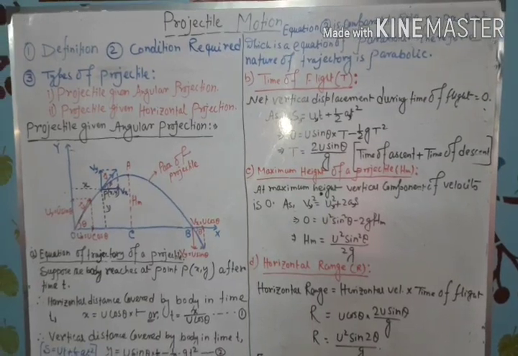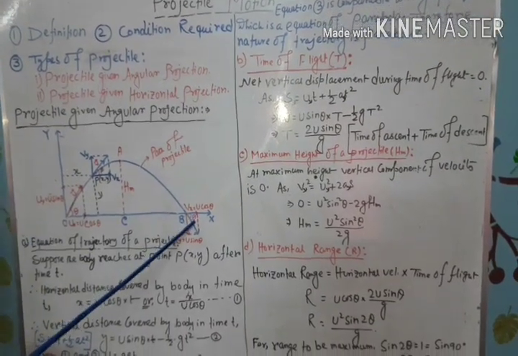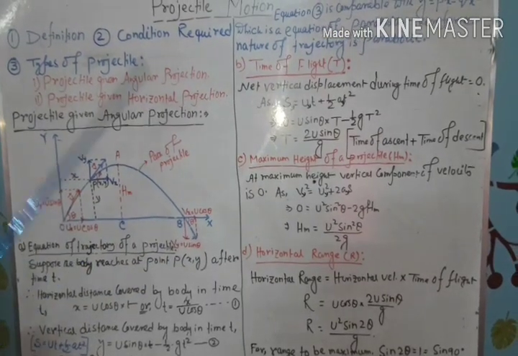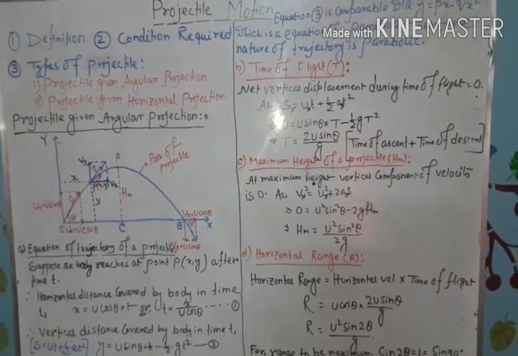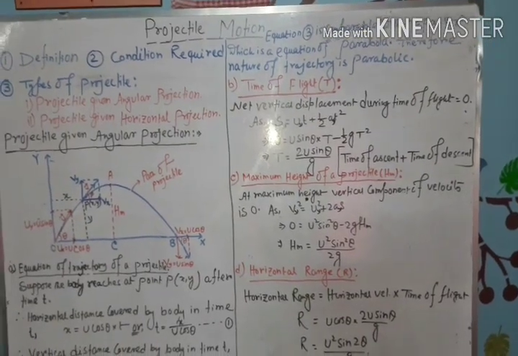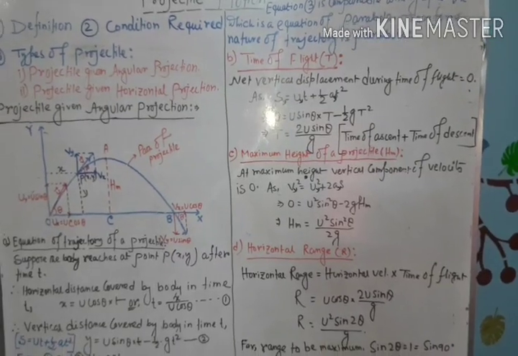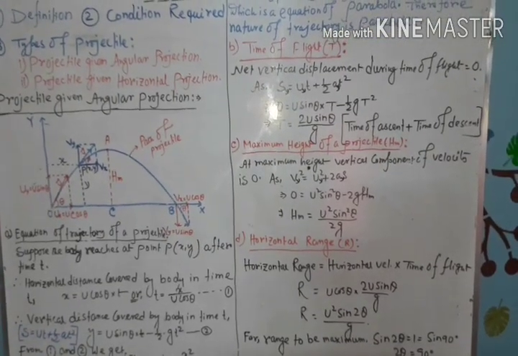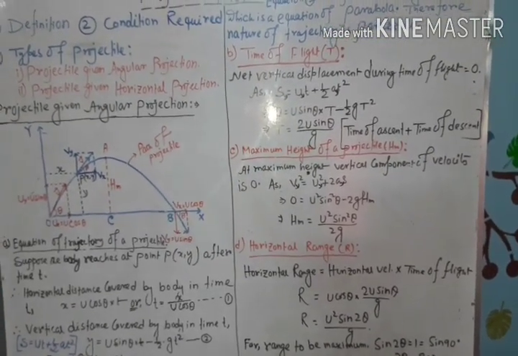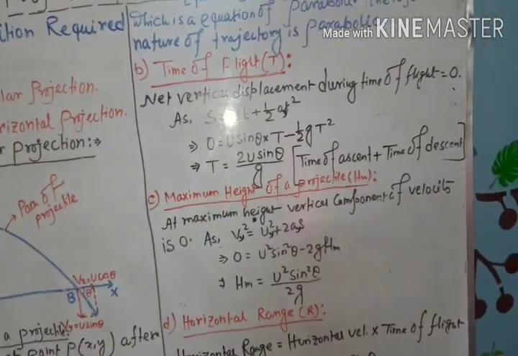The time taken by the projectile to go from O to B is called time of flight. Another way you can say, the time for which the projectile remains in air is also known as the time of flight.